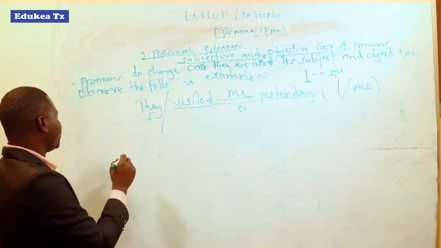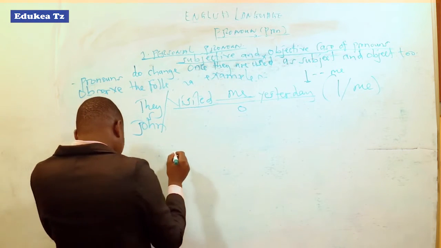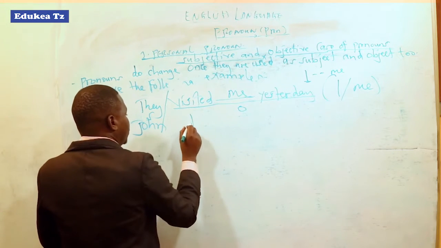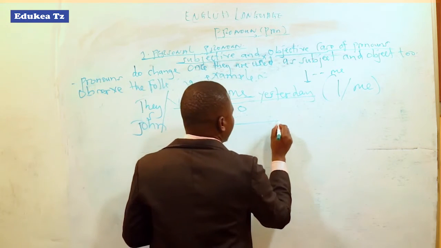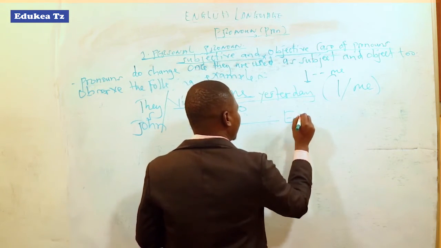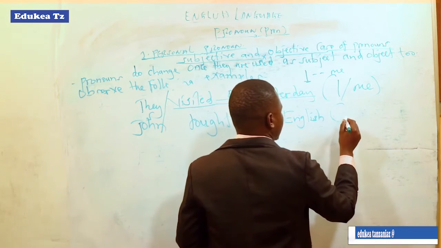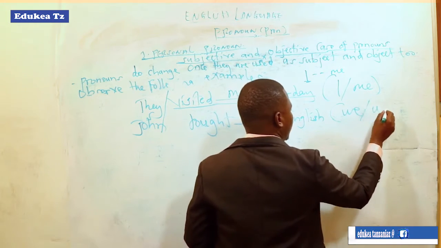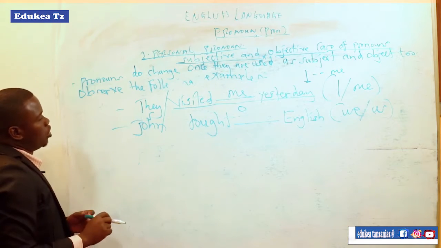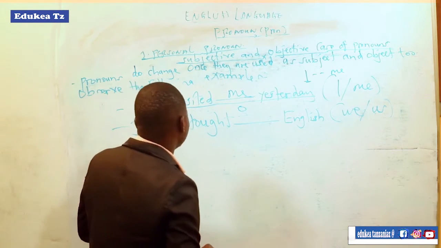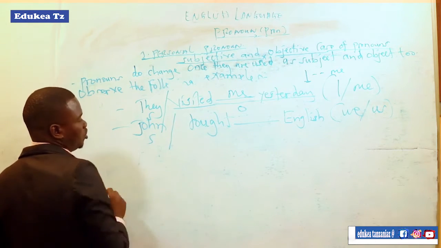Another example: John taught dash English. Is it we or us? The subject of this sentence ends in John.